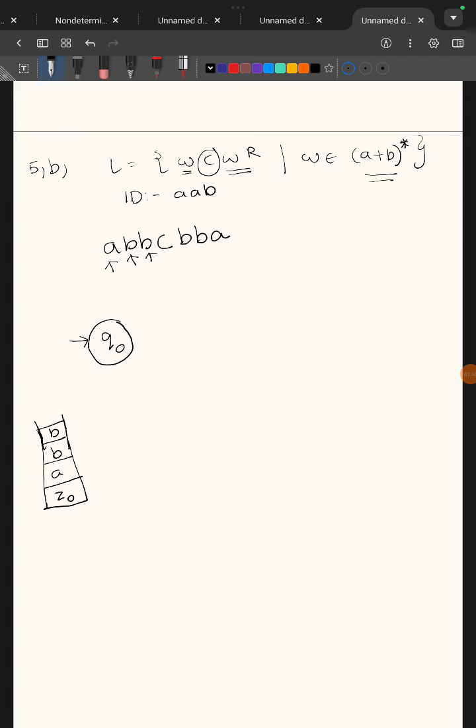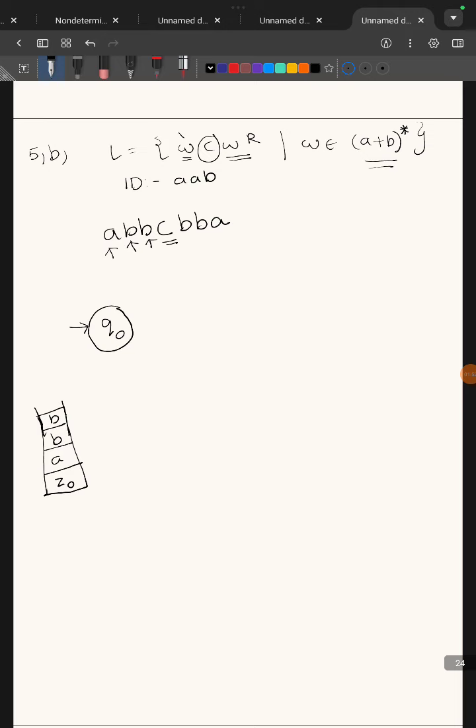Now if you see the symbol C in the string, it means that the word part is completed. Whatever you are going to see now will be the reverse part, that is the second part of your string. So on seeing the symbol C, I will not change anything in the stack.